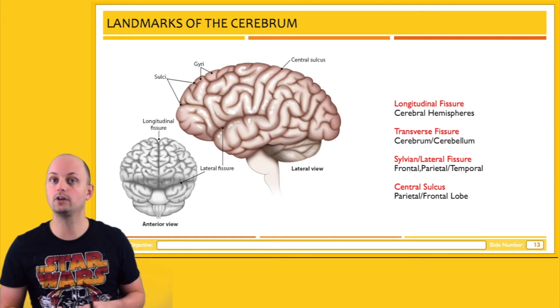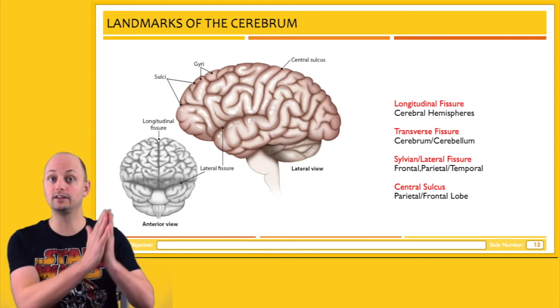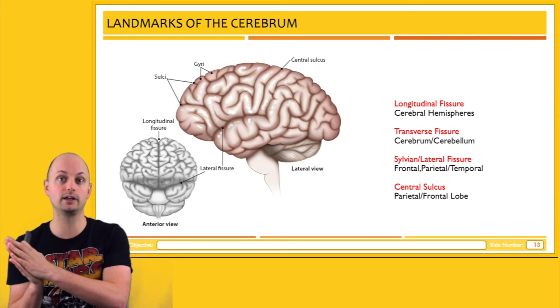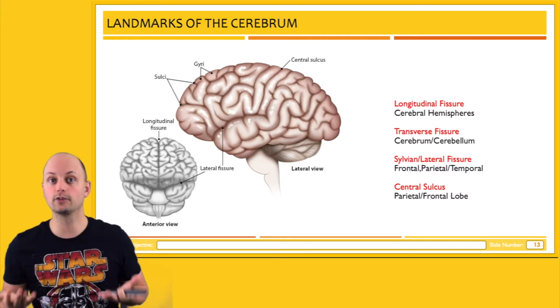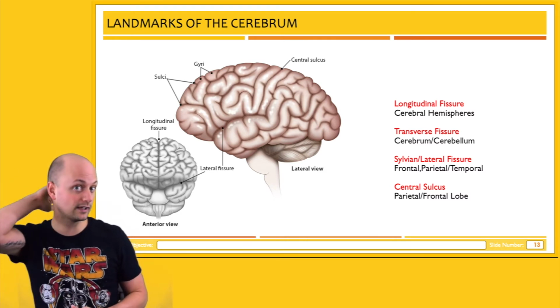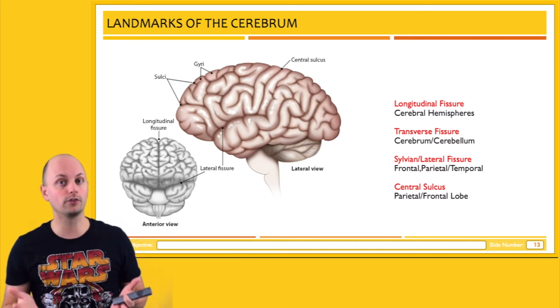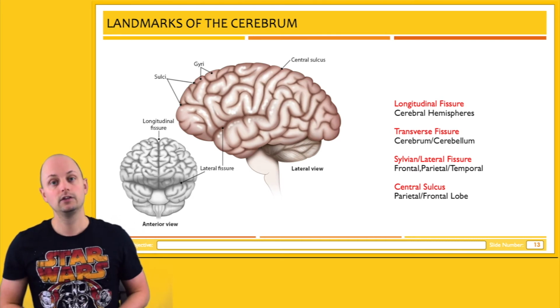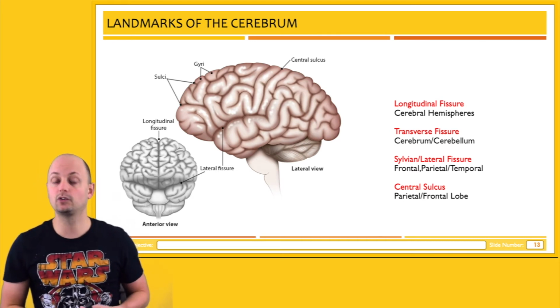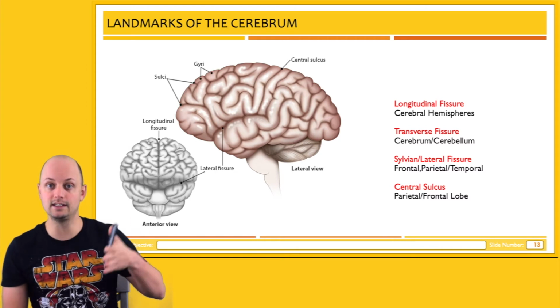So, for example, the longitudinal fissure separates the left and right hemispheres of the brain from each other. The transverse fissure separates the cerebral cortex from the cerebellum, and the lateral fissure separates the temporal lobe from the other cortical regions. So I've organized this part of the unit to work from superficial to deep.